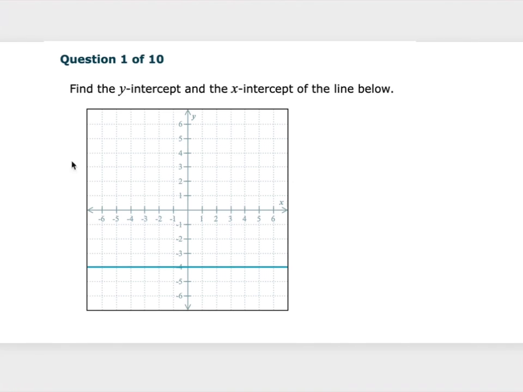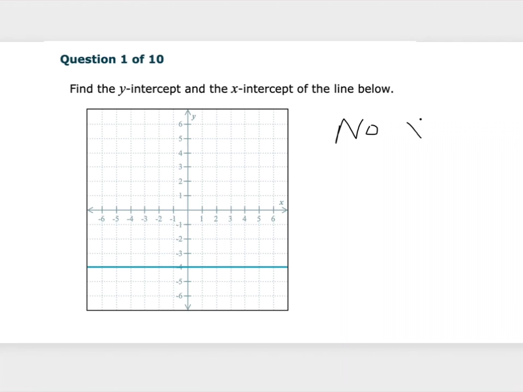Okay, so question 1 of 10. Find the y-intercept and the x-intercept of the line below. So you can see this line right here, and you can see it never crosses the x-axis. So we would say no x-intercept at all.